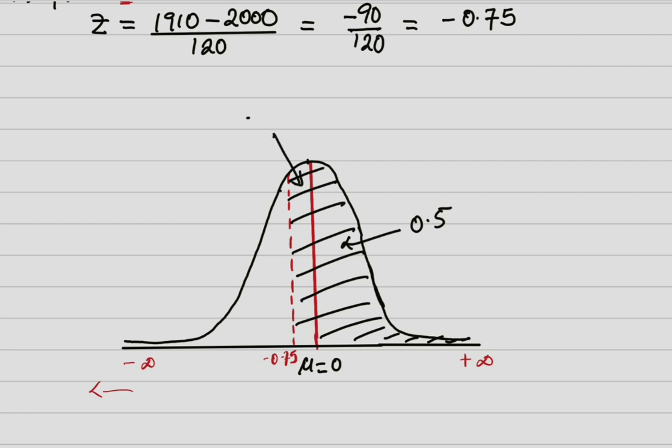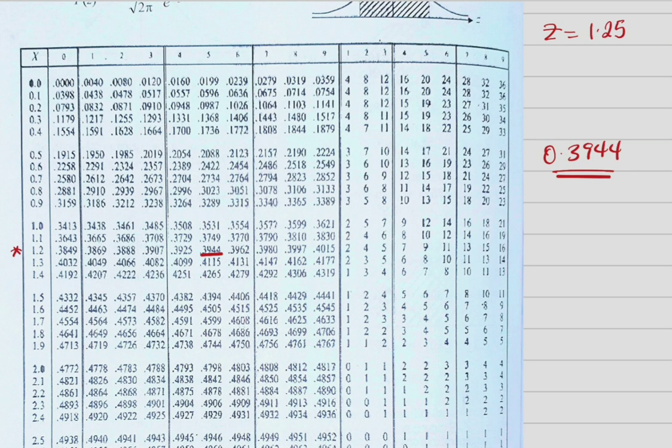So we go to the table now and get the area under 0.75, just as we did in the previous question. Now Z is equal to 0.75. Now it is minus 0.75, but we are talking about area, so we just use the absolute value now. So look at 0.7 under 5.